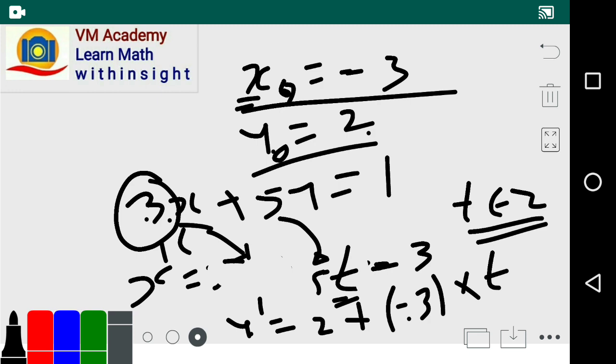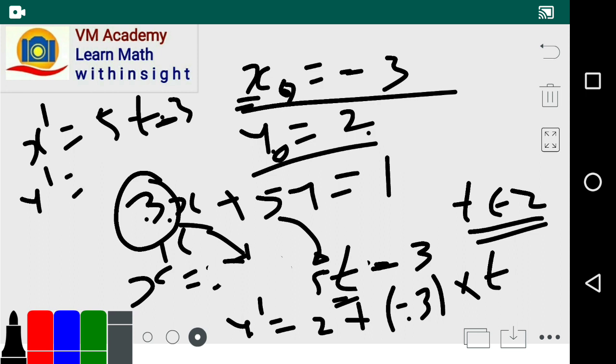The general solution is x dash equals 5t minus 3 and y dash equals 2 minus 3t, where t is an integer.